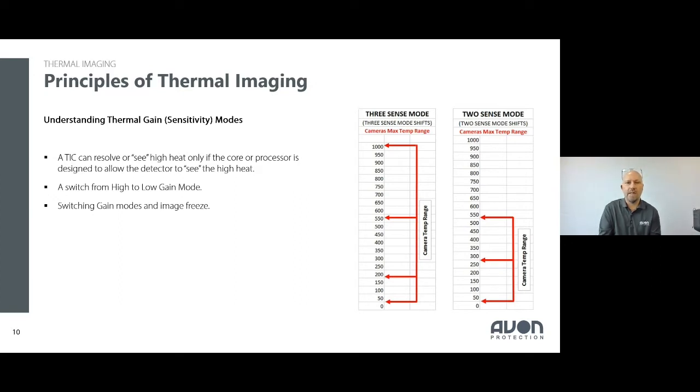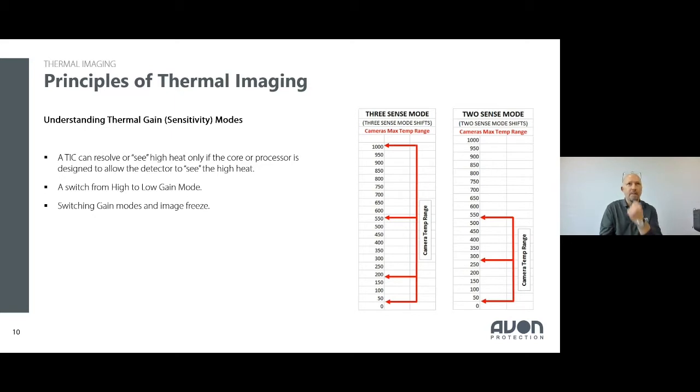We like to think we are better at doing this than most, and we have a 3-sense mode camera. So the dynamic range on our cameras is a lot higher. We can measure temperatures up to 1,100 degrees centigrade, and that's important, and I'll go on to explain that.